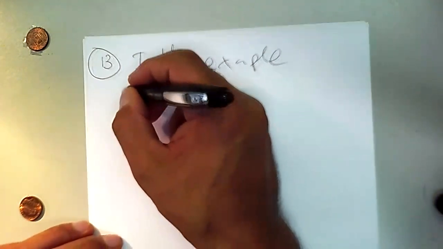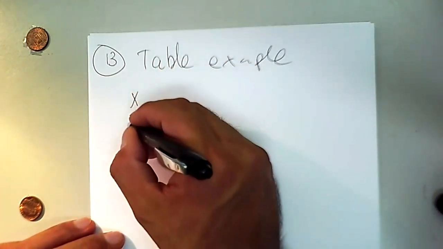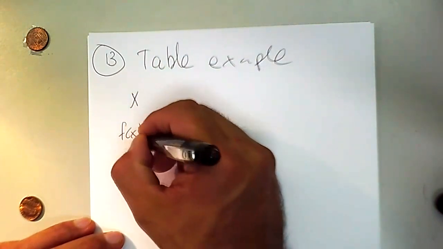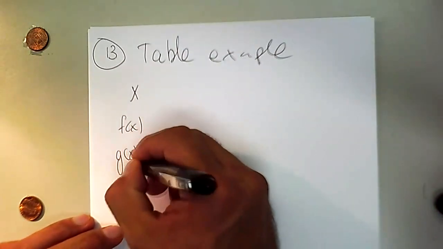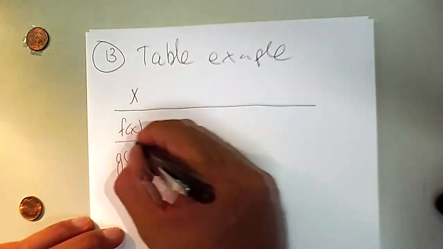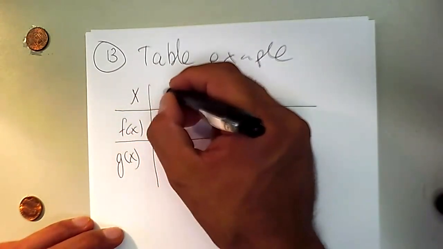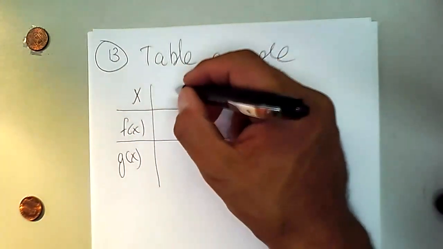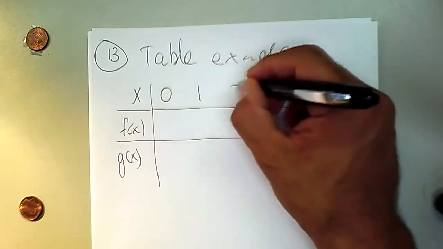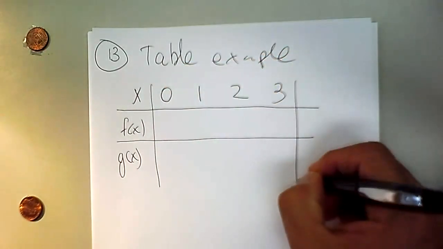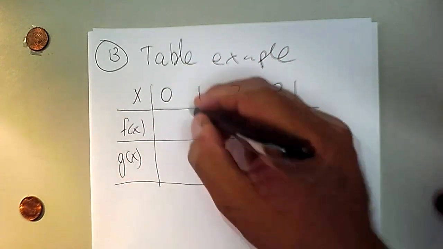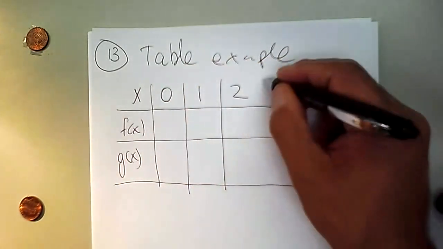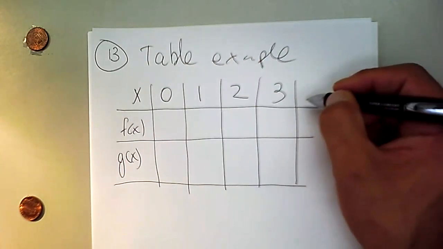So let's say I give you a table x, f of x, g of x, and let's keep things simple. We're just going to have 4 inputs, 0, 1, 2, 3. That's it. And the outputs, I'm going to put the outputs at random here.